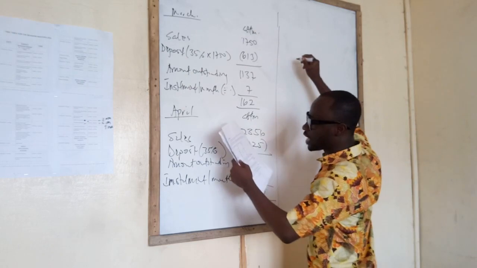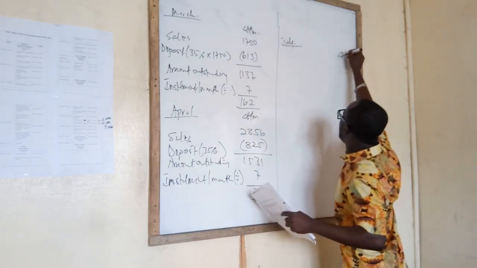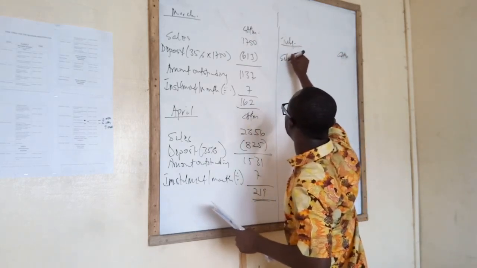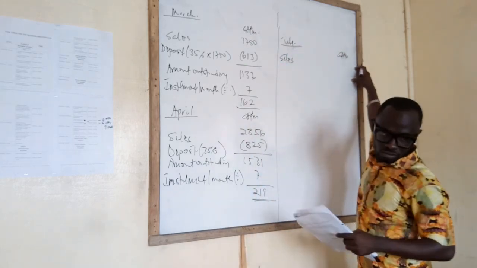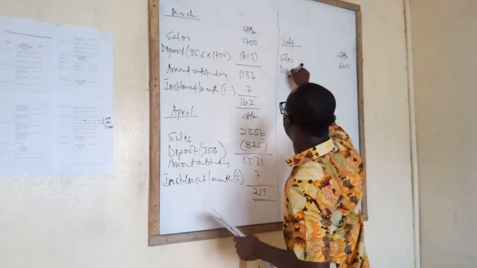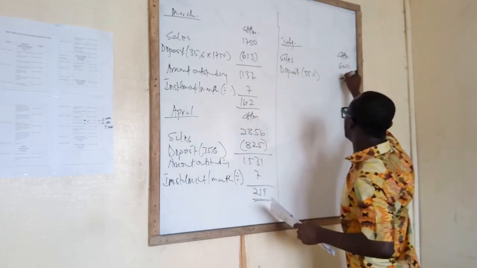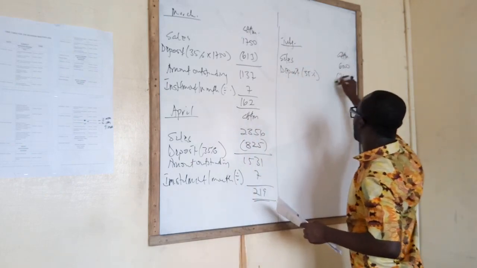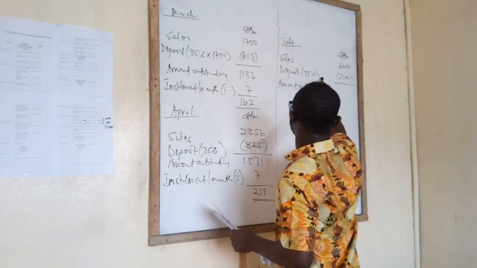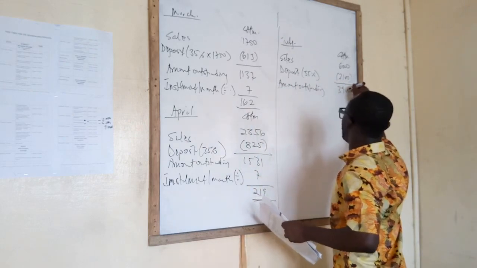Then let's come to the next one. July. July sales was how much? 6,000. Deposits, 35% of that. 2,100. Amount outstanding, 3,900.